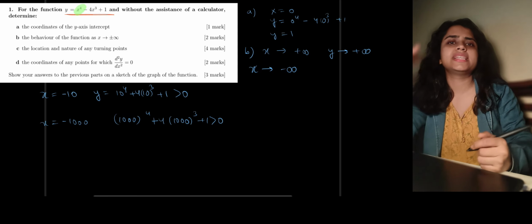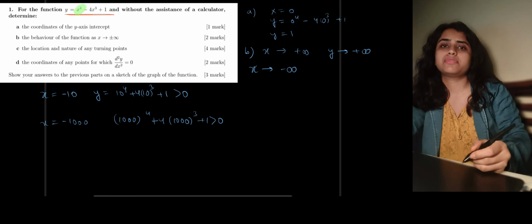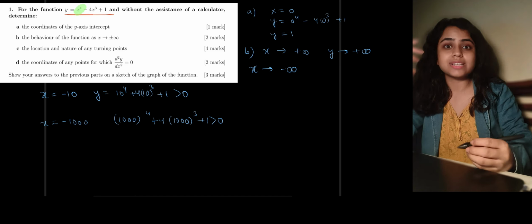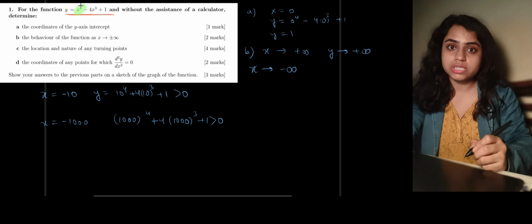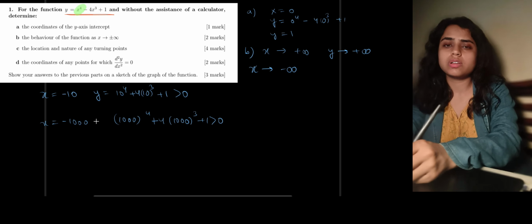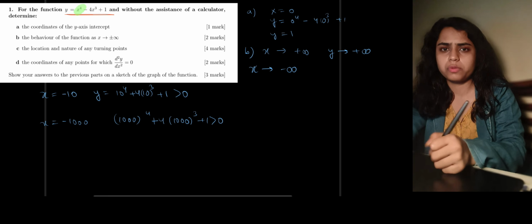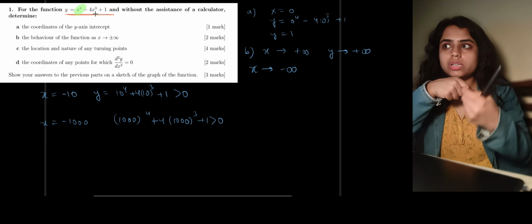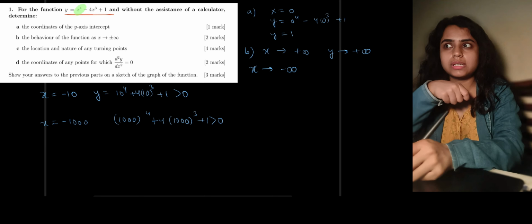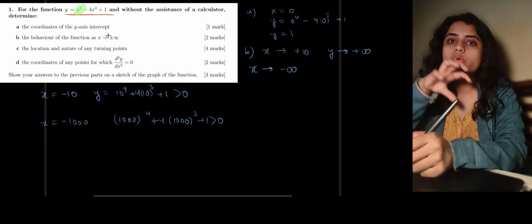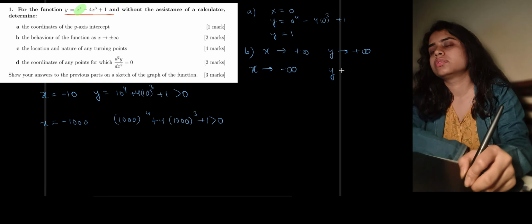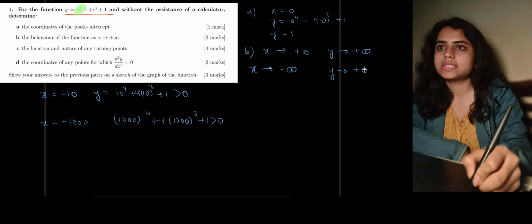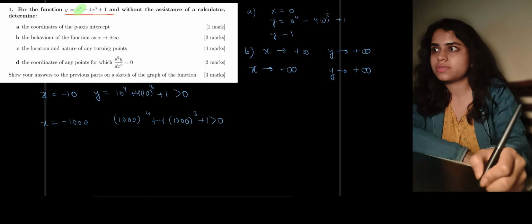As you keep subbing in negative numbers, you'll see that your answer is a huge positive number, and its tone is determined by x to the power of 4, because no matter what your x cube is, x to the power of 4 will go faster compared to x cube. So y tends towards positive infinity.